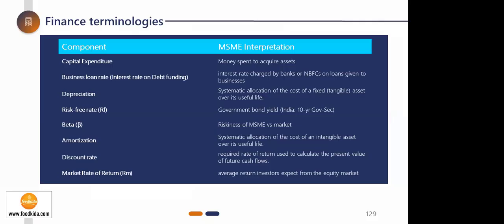But when I say beta is 2, if the Sensex falls by 10%, the value of the stock will fall by 20%, double. If beta is 0.5, if the Sensex falls by 10%, the value of your stock will fall by 5%. Is this clear? What do you mean by beta? Yes, sir. Clear. Fine.